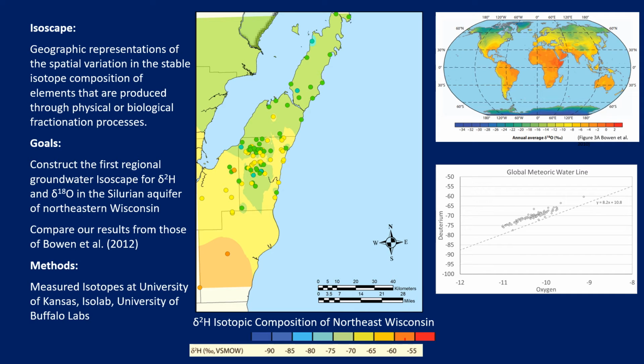Deuterium and oxygen-18 also act in a very predictable way as they plot along the global meteoric waterline shown on the bottom right. Our values shared roughly the same slope as the global meteoric waterline.